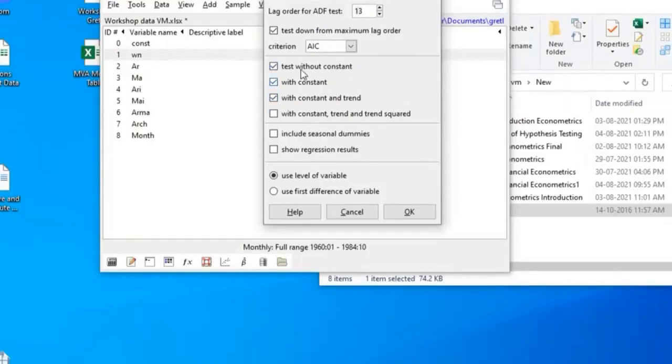So maybe it is better that we test without constant. But remember, when we report it, it is better to report all the three cases. The last one we can just ignore because that is an innovation by Gretl. There is no statistical idea behind that.